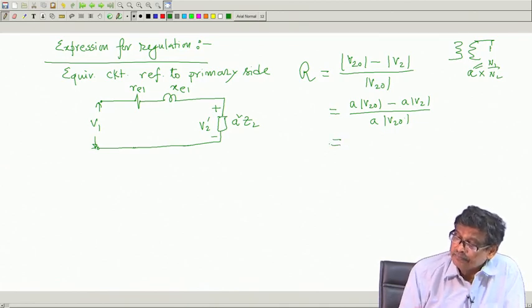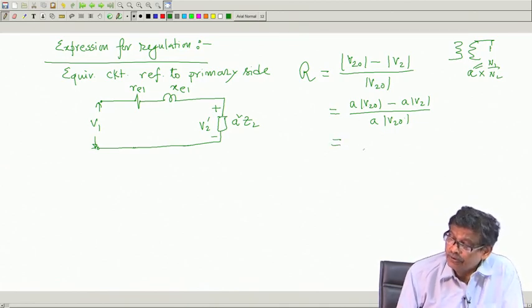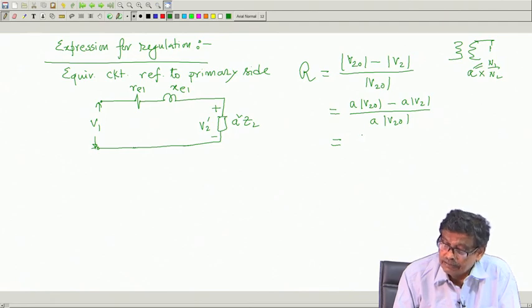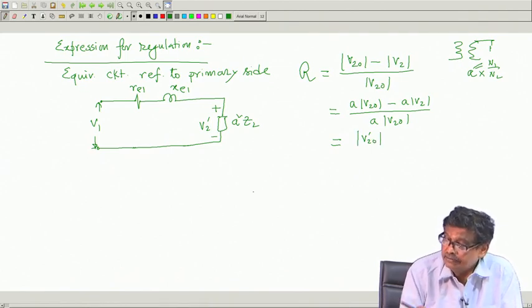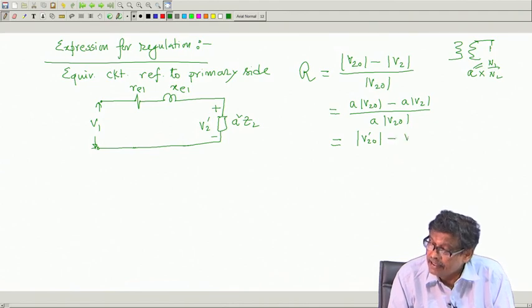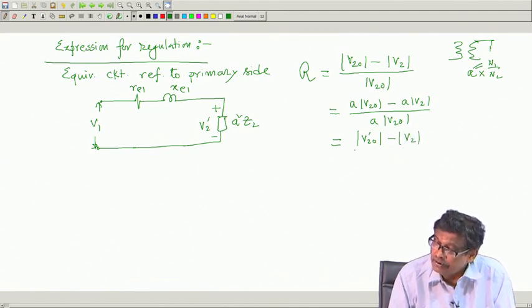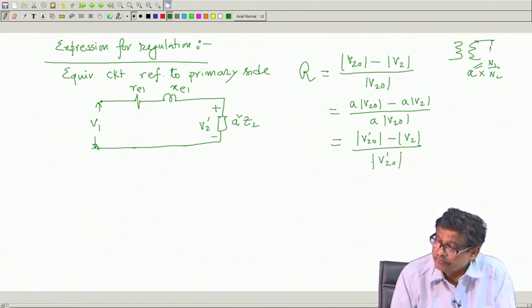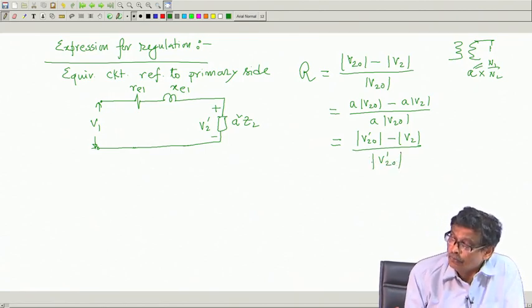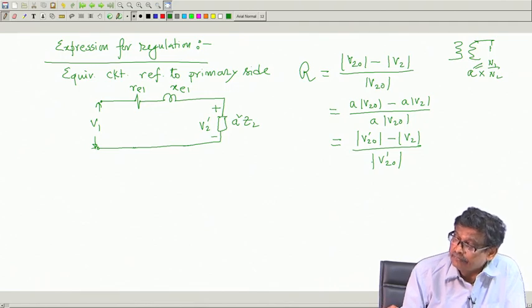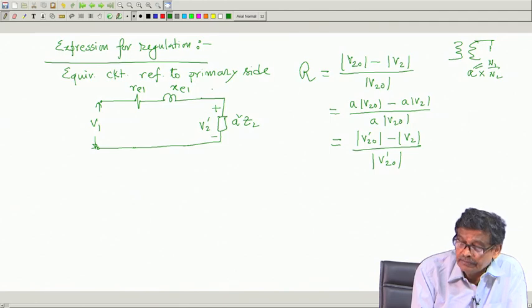is not? A V 2 0 will be nothing but V 2 dashed 0 with no load connected, minus A V 2 is V 2 dashed, divided by V 2 dashed 0. This will be the thing. With load disconnected, this is open.